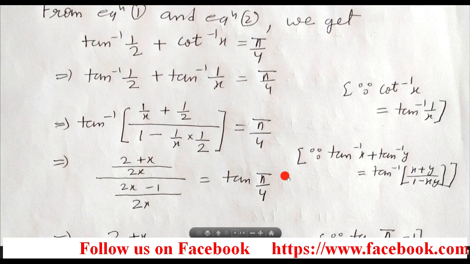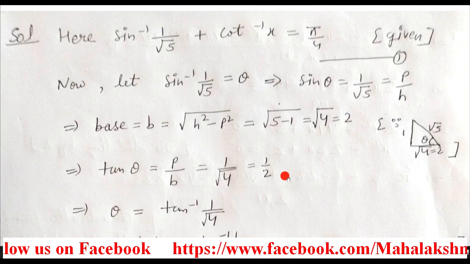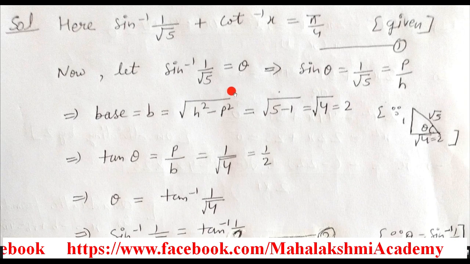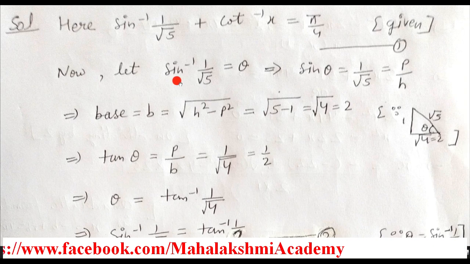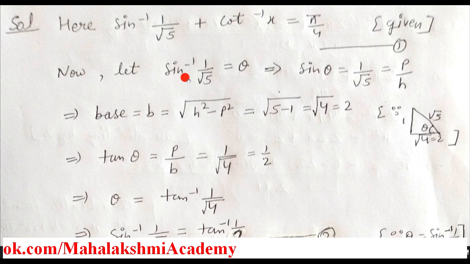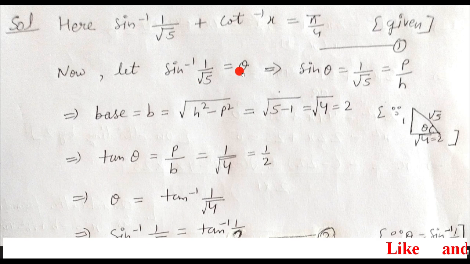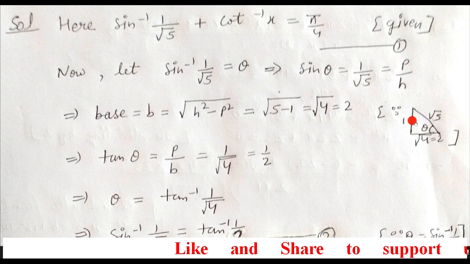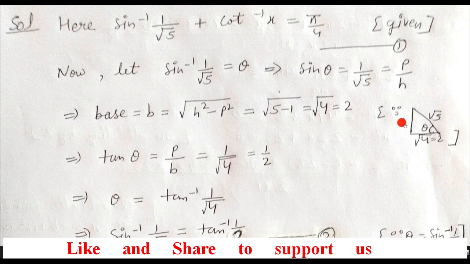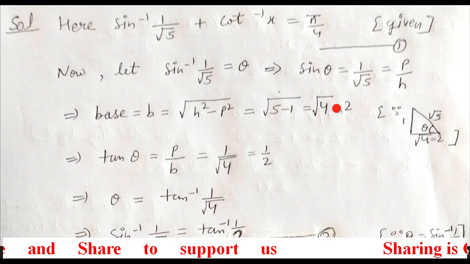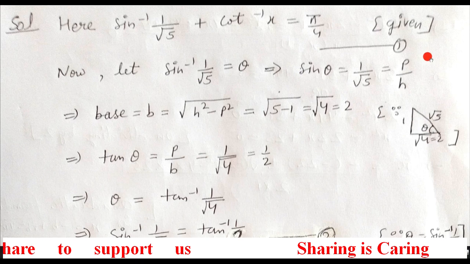So students, in this question we understood a very new but very easy method, and how to convert any trigonometric ratio to any other trigonometric ratio is very simple. Assume this as theta or any base angle and create the right angle triangle. In a right angle triangle, there are three sides: perpendicular, hypotenuse, and base. The given trigonometric ratio will give you any two sides.